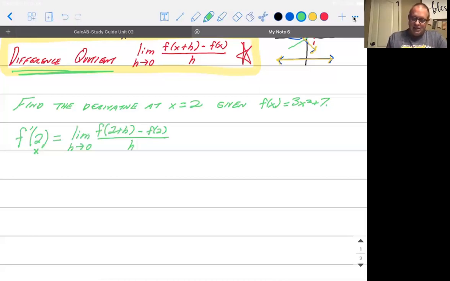Now, the next thing we need to do is substitute. So for f of 2 plus h, I have to put 2 plus h into the function 3x squared plus 7. So I'm going to write 3, and where I see an x, I'm going to write 2 plus h quantity squared plus 7.